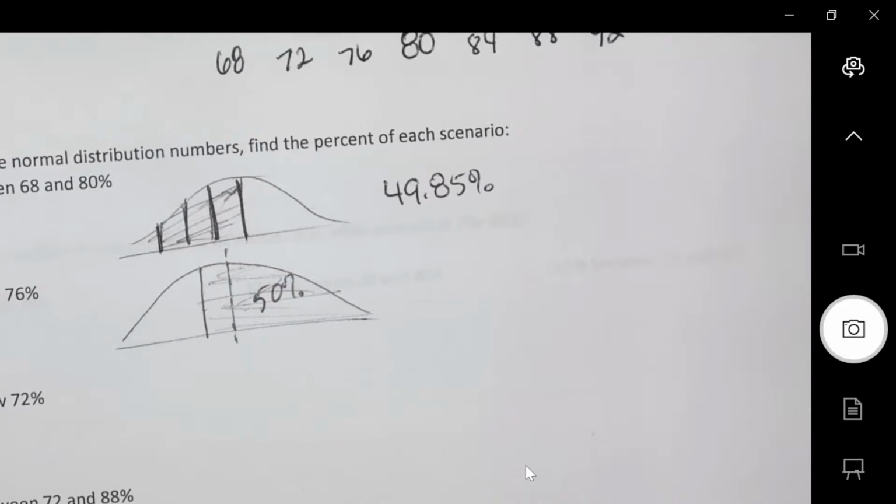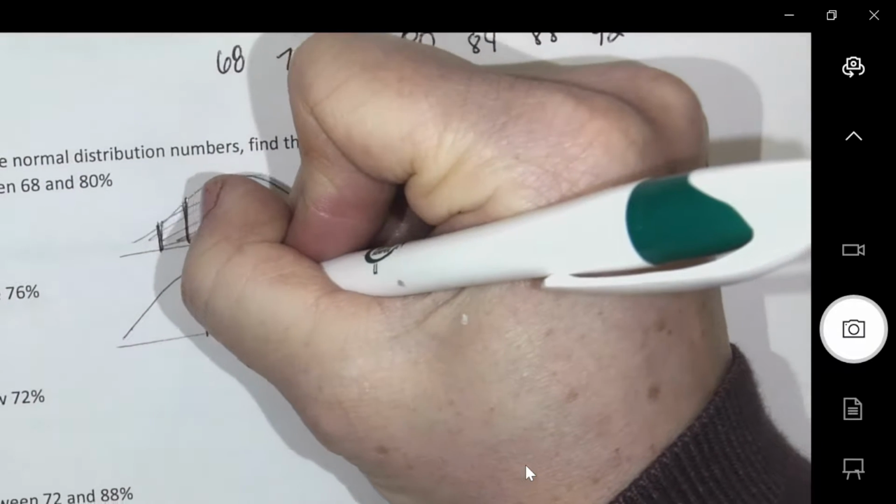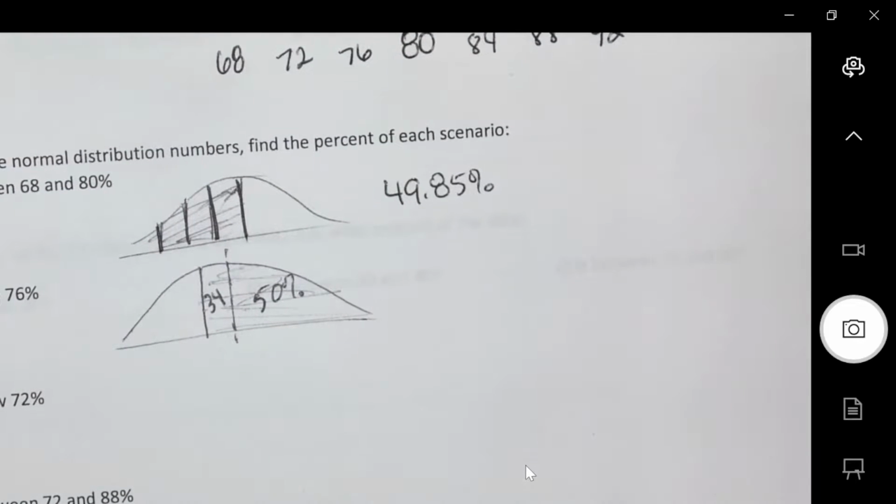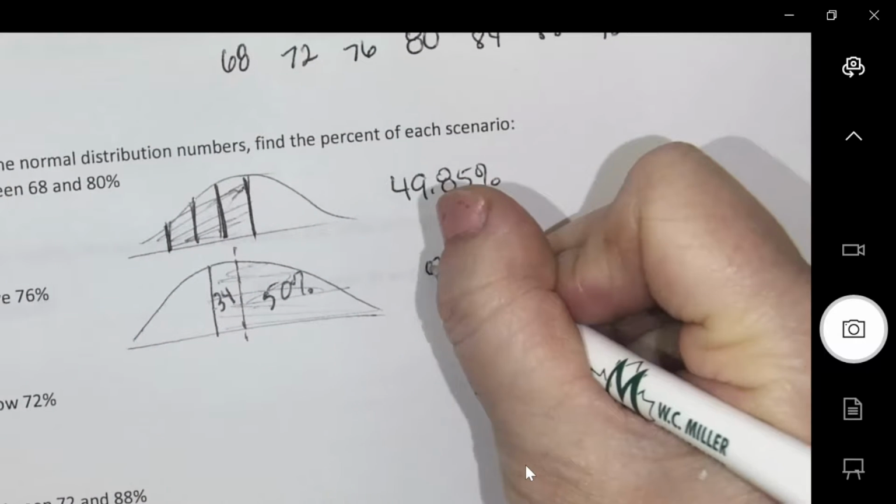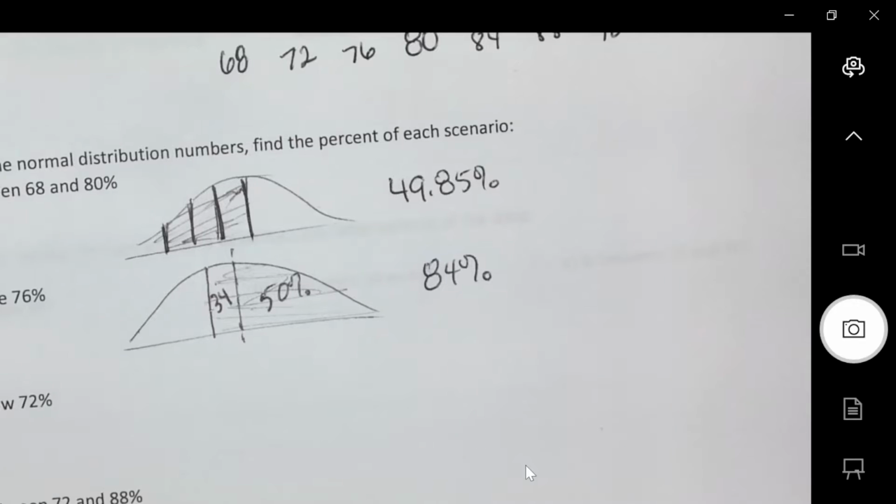Does that make sense, what I would do? 50 is all the half, and then what does that one come out to be? 68 divided by 2, 34. So this one would be 84% of the data. 84% of the students scored above that.